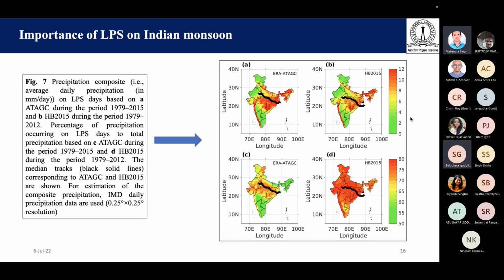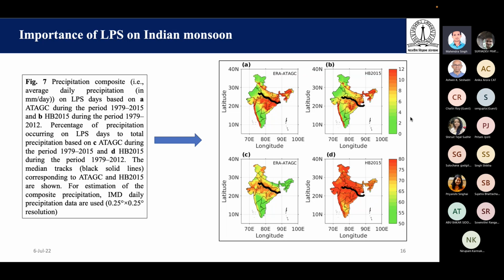Now, these low pressure systems are connected to the rainfall. So here they have plotted the mean track, the median track of all LPS, and these contours show the rainfall during the LPS days for both HV15 and ATUGC.